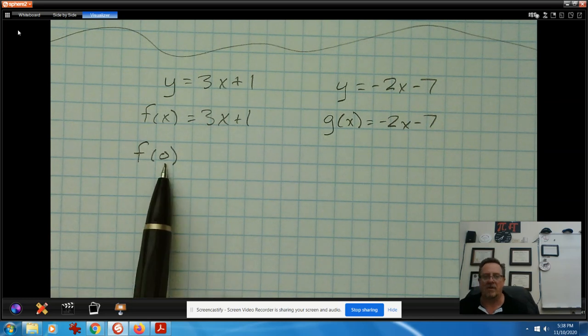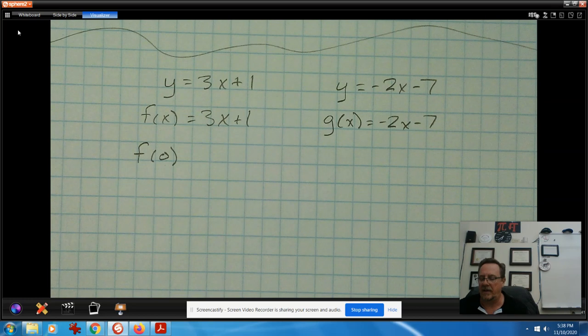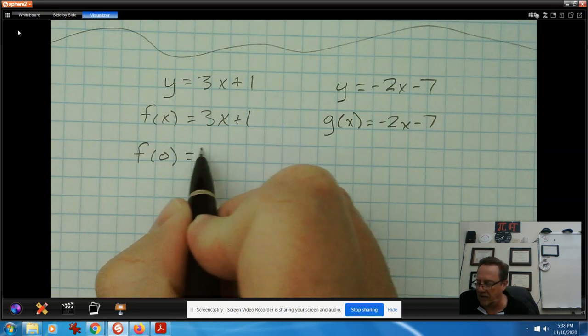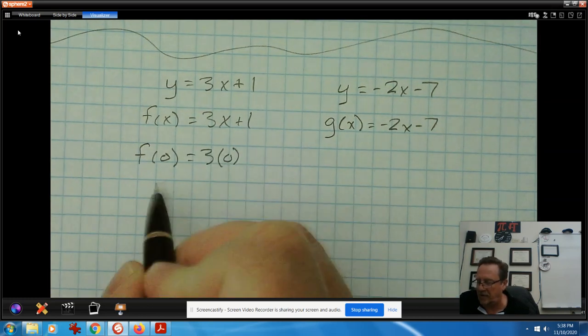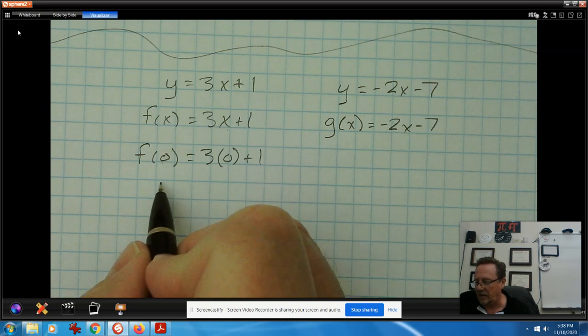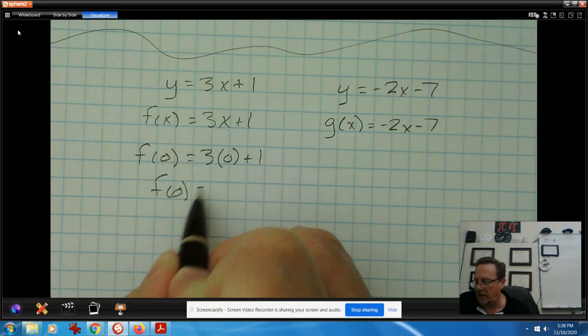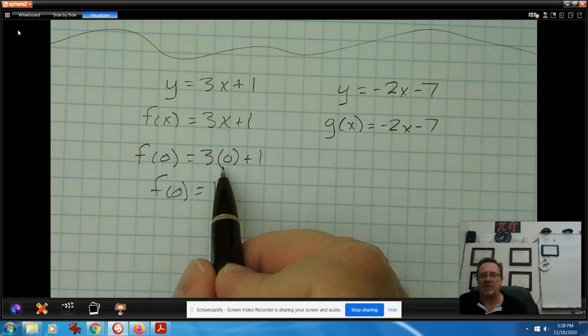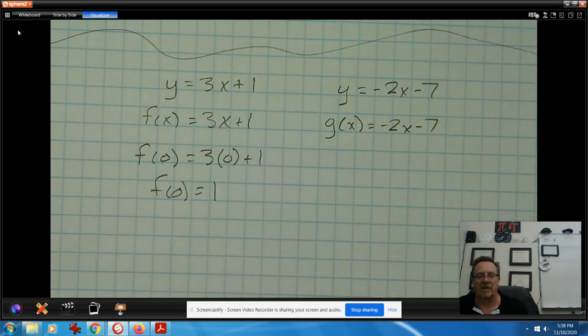Here it says plug in 0 for your x. And that really means that what you're going to do is that's 3 times 0. You're replacing x with 0, plus 1. So that f of 0 is equal to 1, because 3 times 0 is 0, plus 1 is going to give you 1.